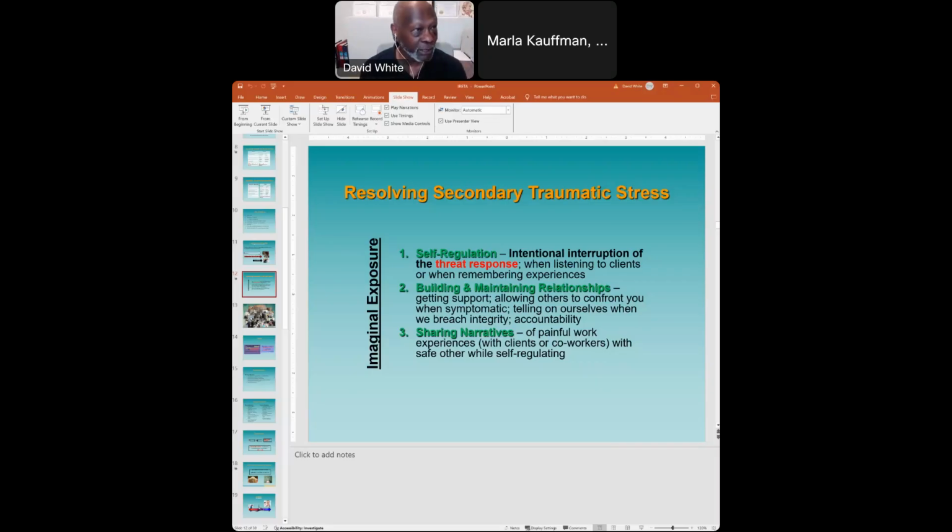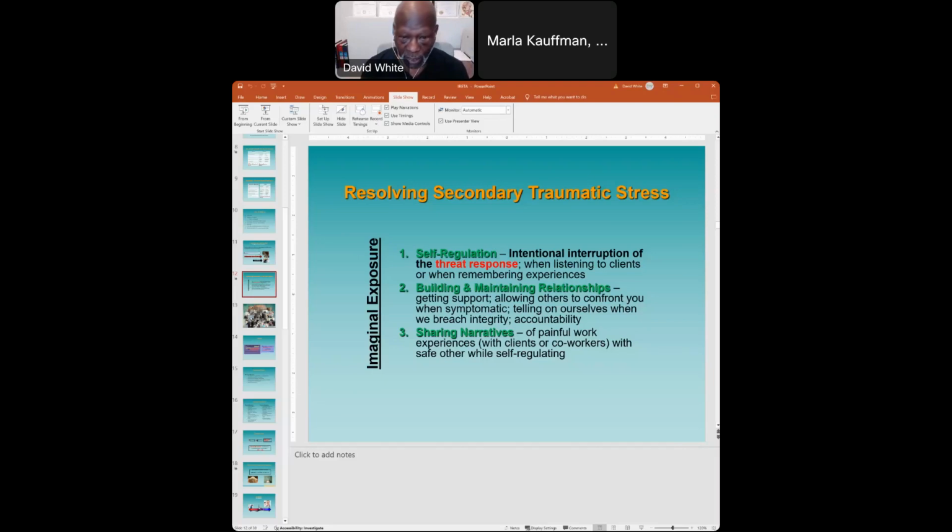You cannot heal trauma in isolation. You need to have some people around you that you're getting support from, that you allow in. You need to basically have an accountability partner. Or if you don't want just one partner, you can have a small group of people that you all hold each other accountable for.